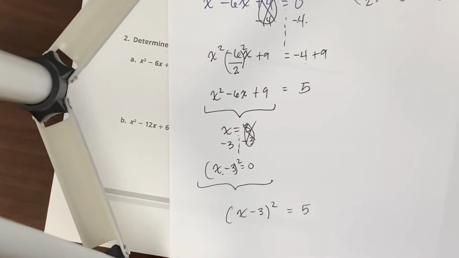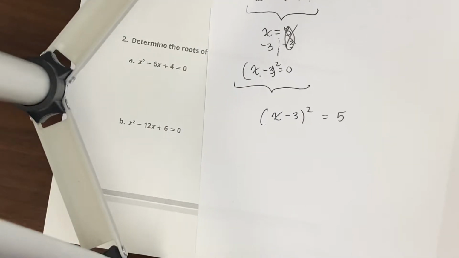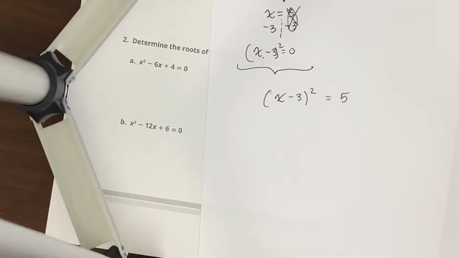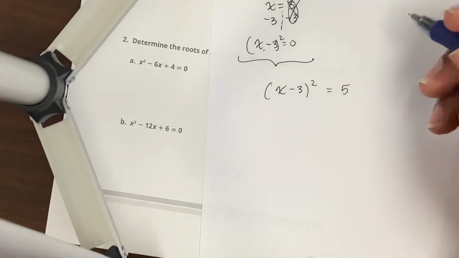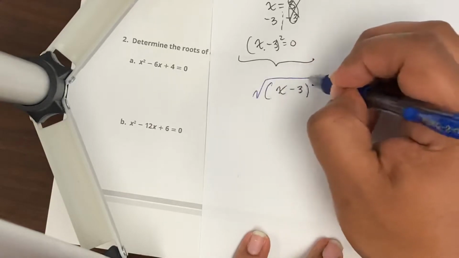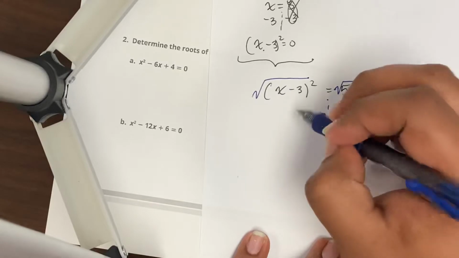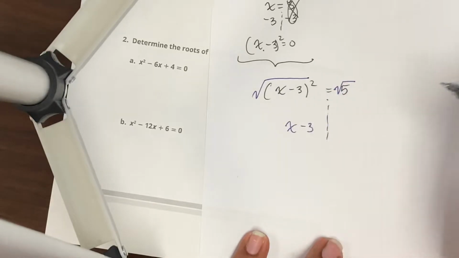Man, I love algebra. And now we're gonna work with this guy because we need to do step 3 and solve. Again, if you need to watch the video, definitely take your time, do what you gotta do. To get rid of the power 2 to solve for x, we take the square root on both sides. That gives me x minus 3 over here.